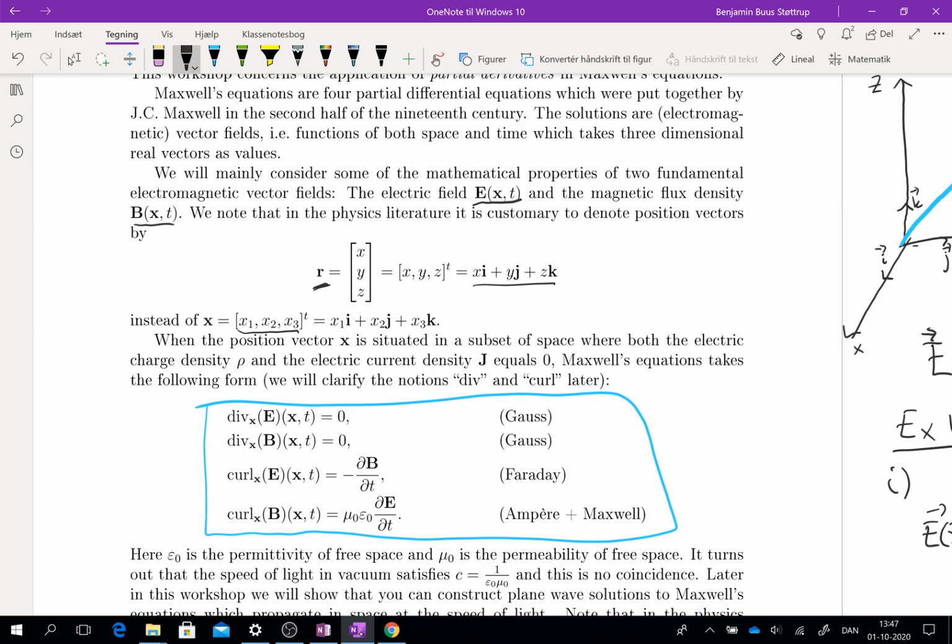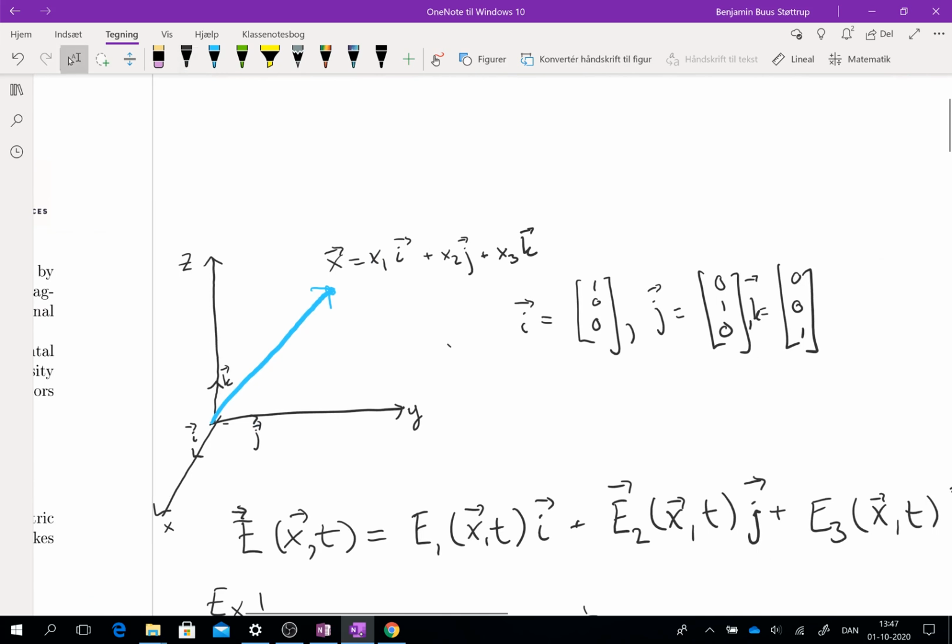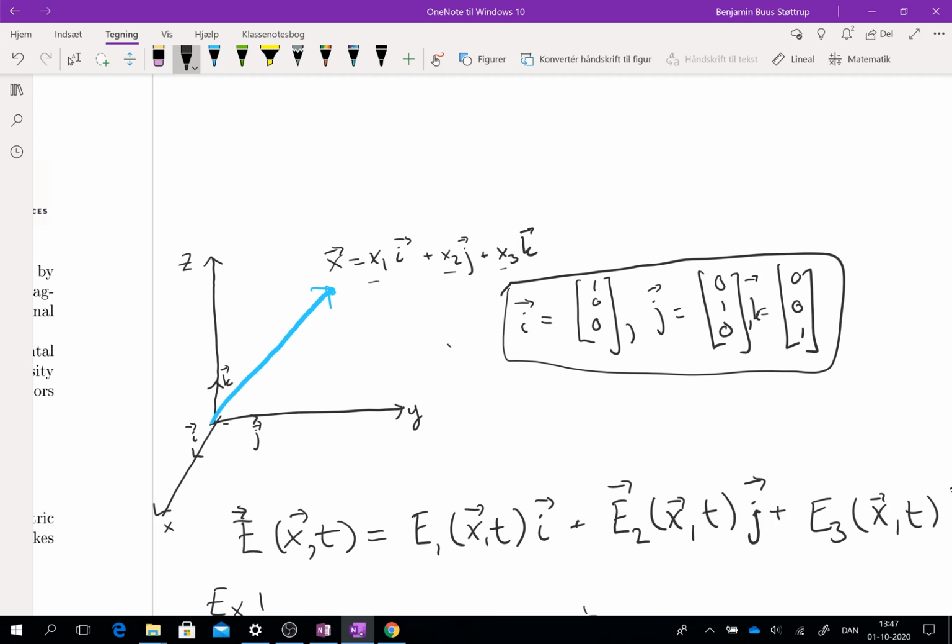So just to be sure on what we're talking about, if we have three coordinate axes, x, y, and z axis, then i, j, and k are the unit vectors. They're also given as these, and a vector x in space is then given by the three coordinates x1, x2, x3.